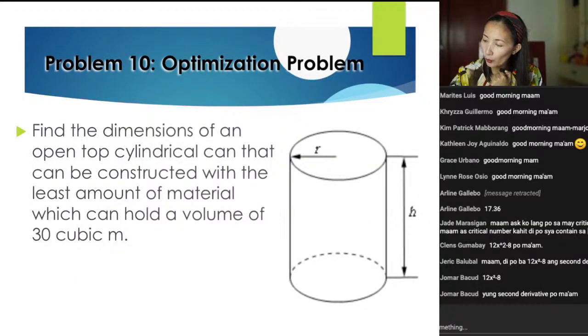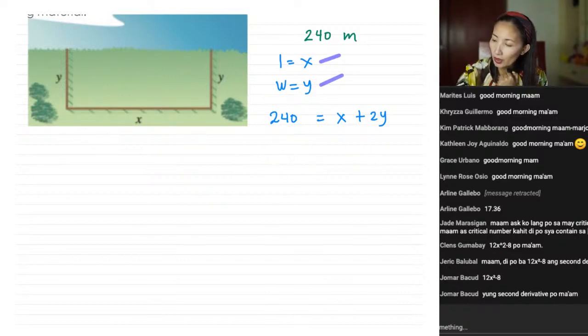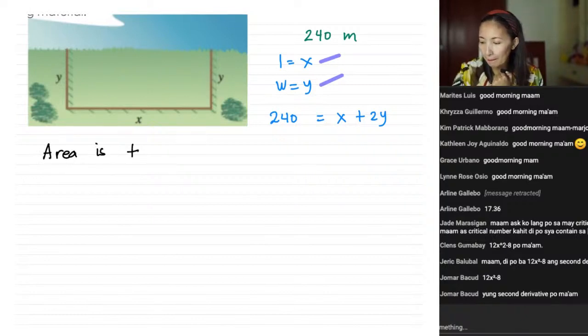So A, area, is to be maximized. A while ago, in our previous problem, the quantity to be maximized was volume. This time, area is to be maximized.